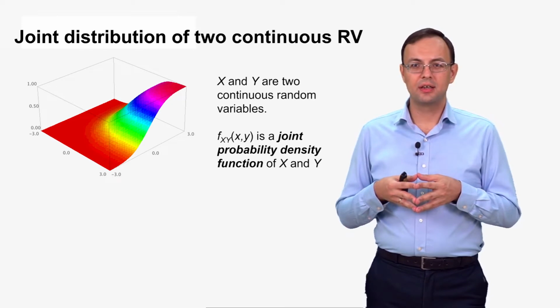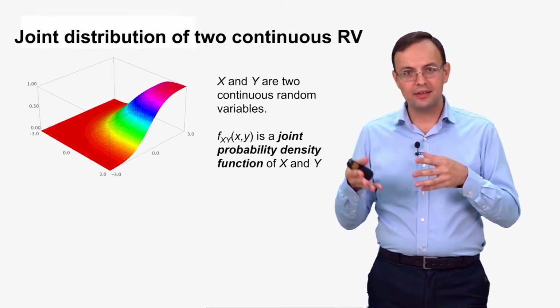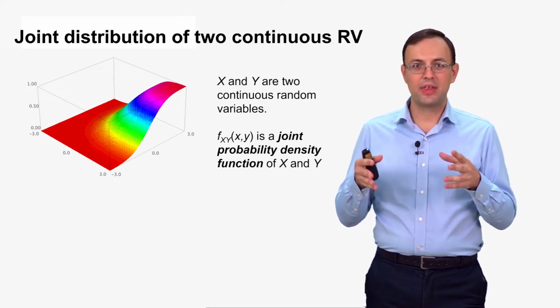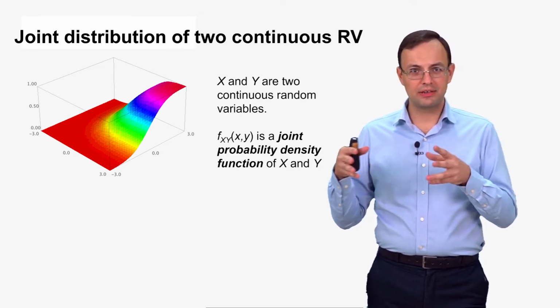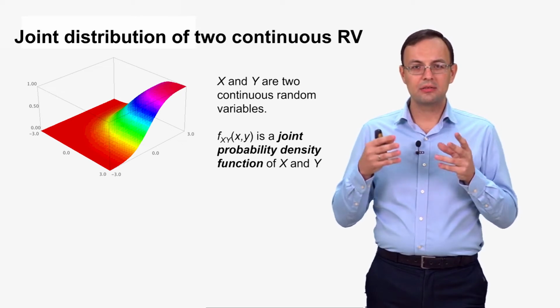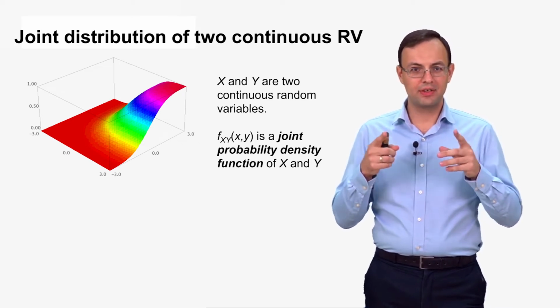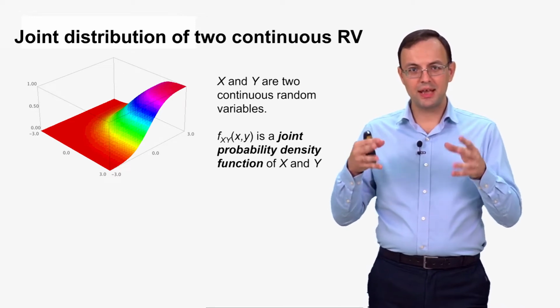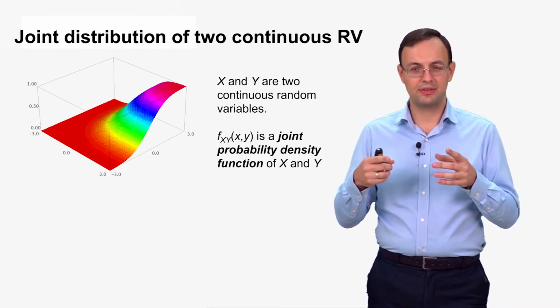And as in the scalar case, when you want to find the probability that your random variable of interest will take a value from a given interval, you integrate its PDF over this interval.